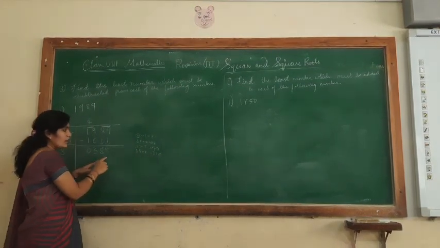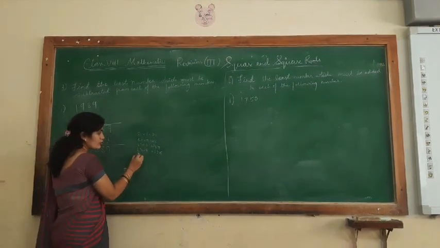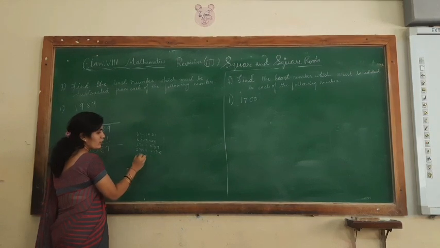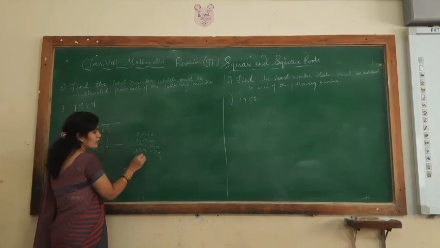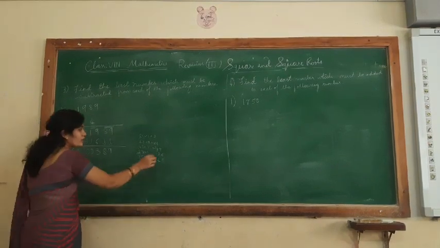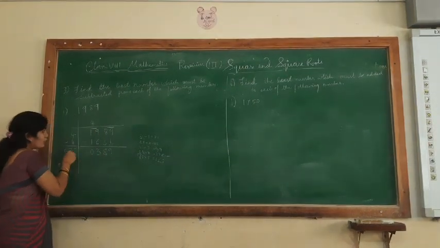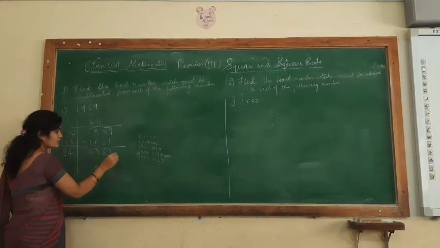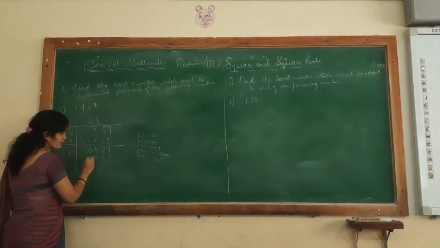So this is 389, this is 336. Let me check one more. 85 into 5. 5 5s are 25, carry 2. 5 8s are 40 plus 2, 42. 425, you cannot take. So 84 into 4. This is 336.